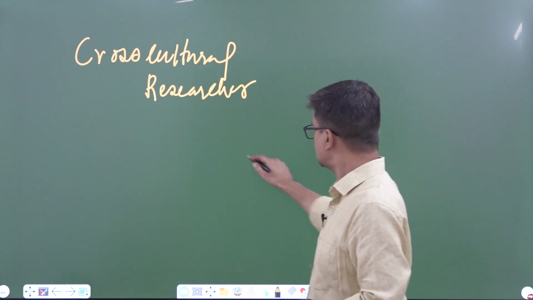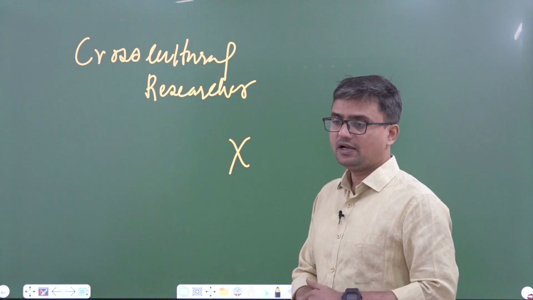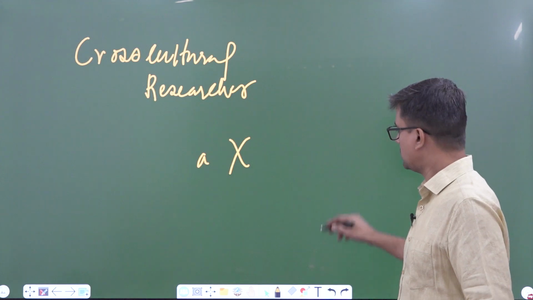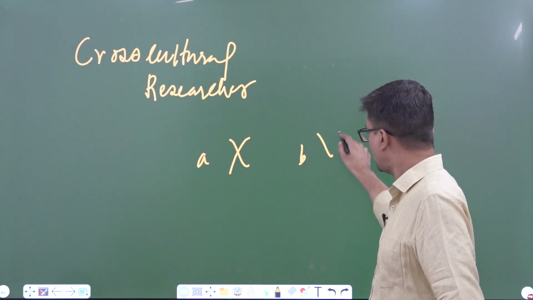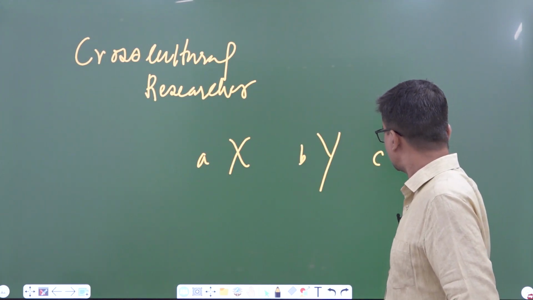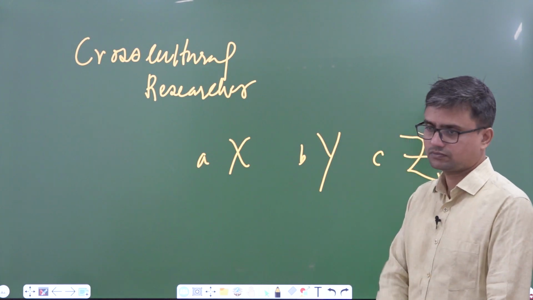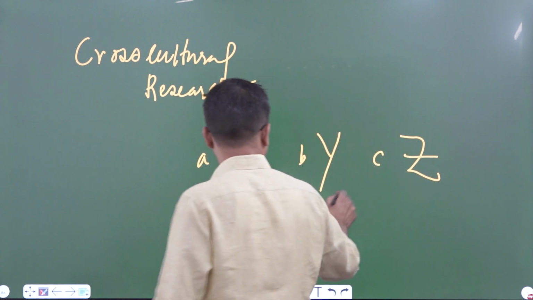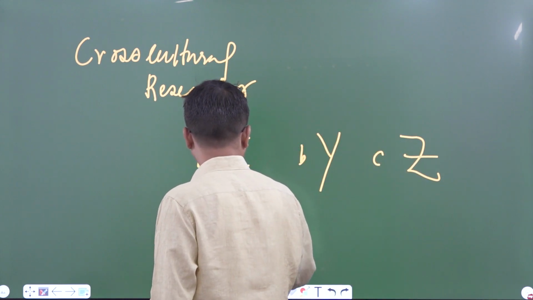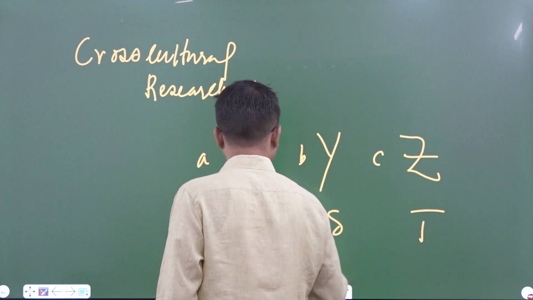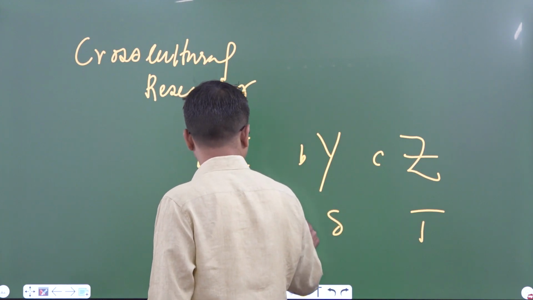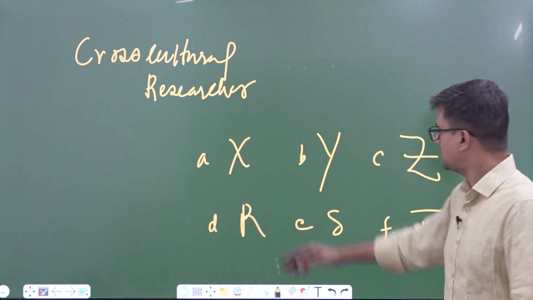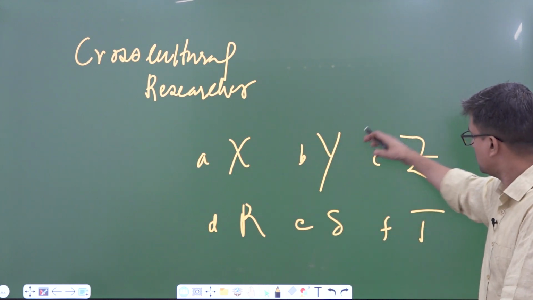Say for example X. One ethnographer by name A studied X. One ethnographer by name B studied Y. C studied R, S, T by D, E, F. So this represents a particular group, this represents a particular group, this represents a particular group.